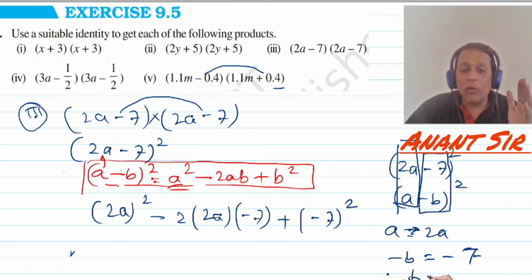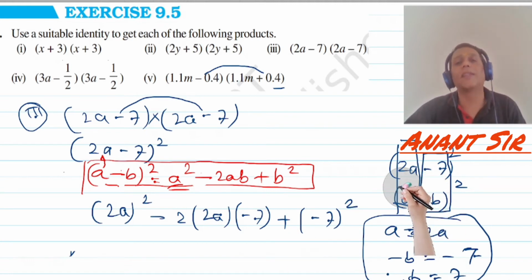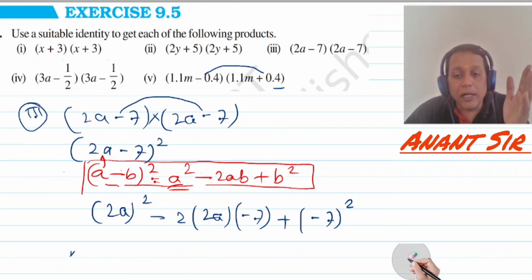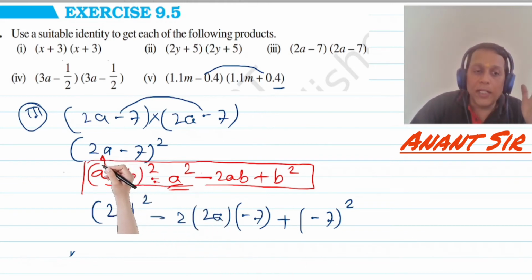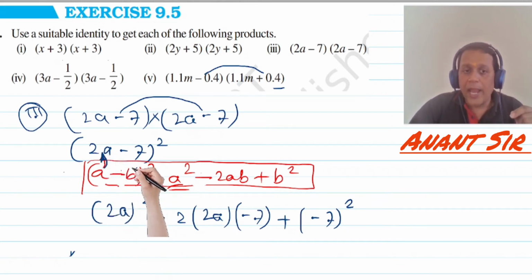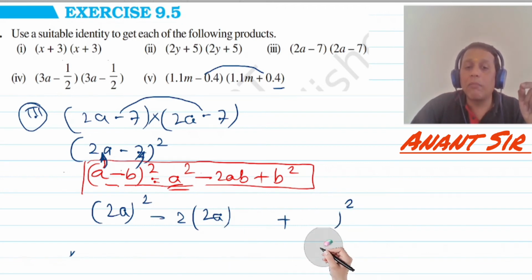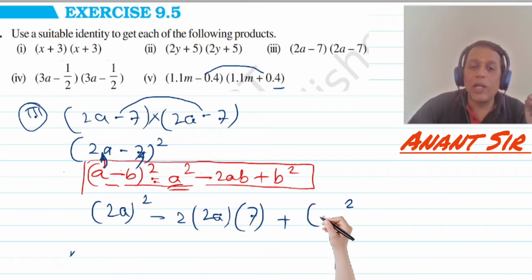So therefore the minus gets cancelled, and you have to write b as 7, not minus 7. If you write minus 7 there, then your middle term is going to be wrong. So you have to remember this thing: place 2a in place of a and only 7 in place of b, not the minus 7. So here it has to be only 7.